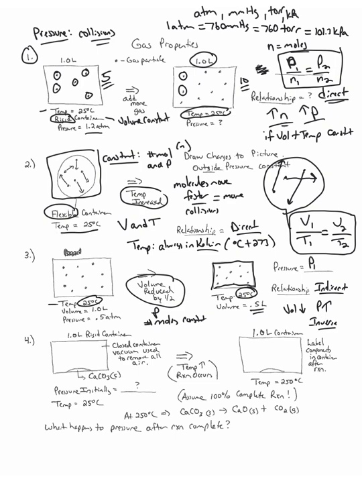Instead, the pressure times the volume of the first picture equals the pressure times the volume of the second picture. Whenever we have an indirect or inverse relationship, the product of the two variables will equal the product of the second set of conditions, not a quotient, not a proportion.